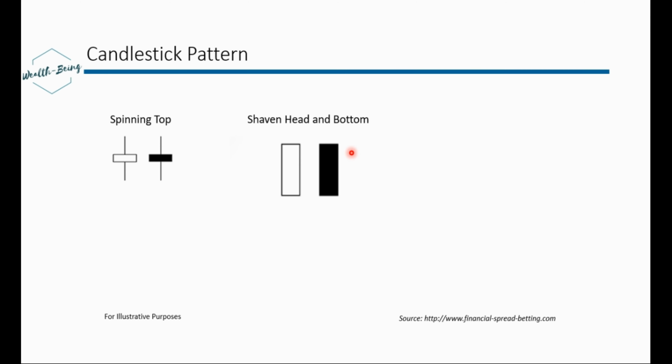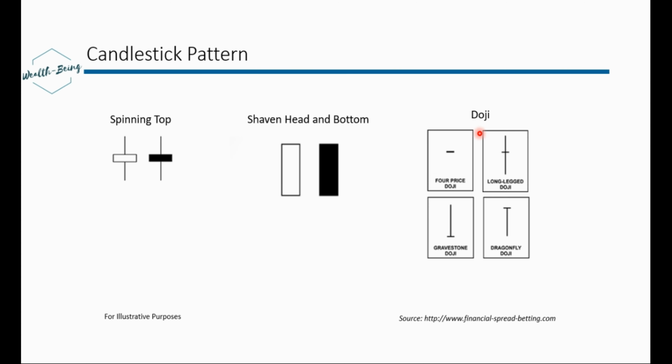The third pattern will be the doji. Doji candlesticks usually have the same opening and closing price, or at least a very small real body. In other words, a doji should have a very small body that appears as a thin line.